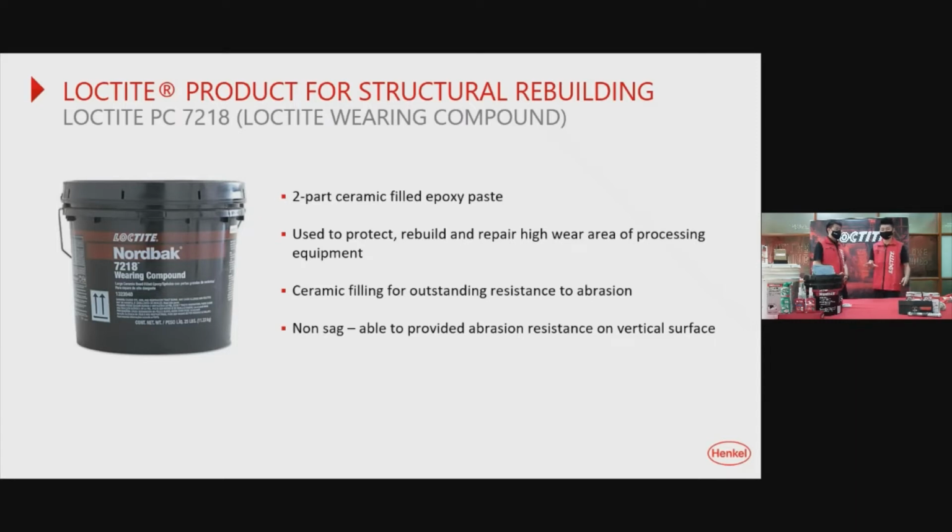The reason it is able to withstand solid abrasion is its ceramic fillings, which help to resist the abrasion of the solids running through our systems. One of the key features is that it is a non-sag product, so we can use it on vertical or overhead surfaces.